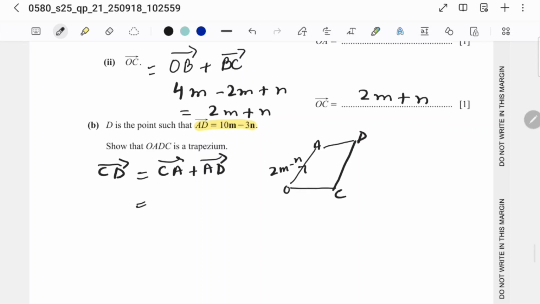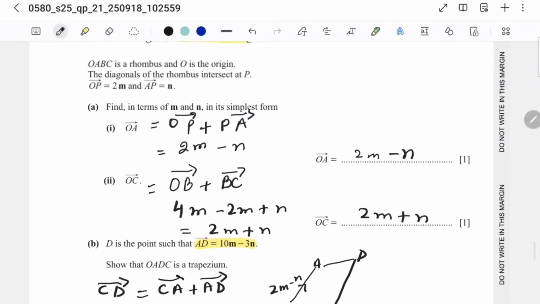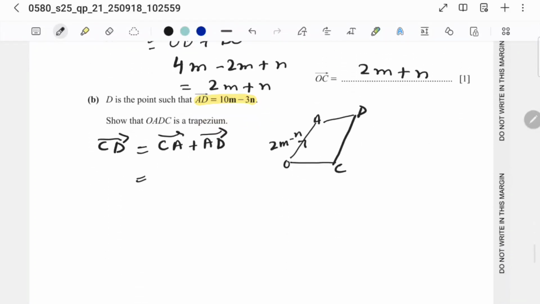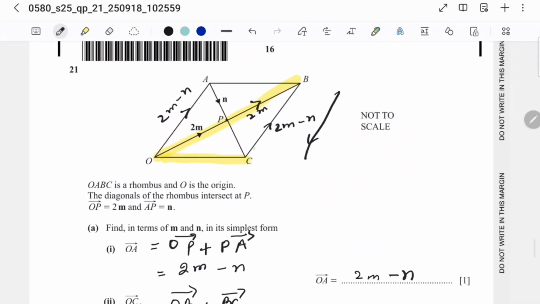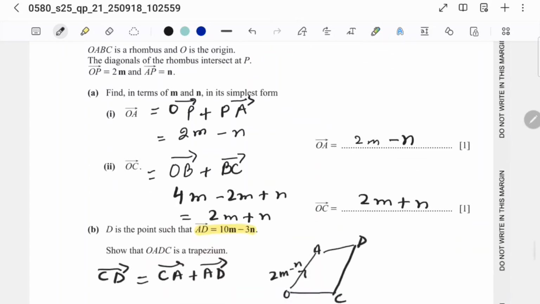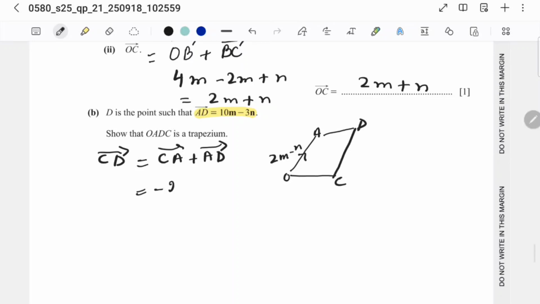C to A, if we just check above, A to C is 2n, so C to A, the opposite, is minus 2n, and AD is given, plus 10m minus 3n. Altogether it will become 10m minus 5n. Or if you take common, it will come 5 times 2m minus n.